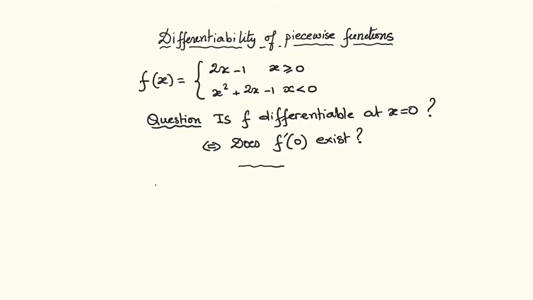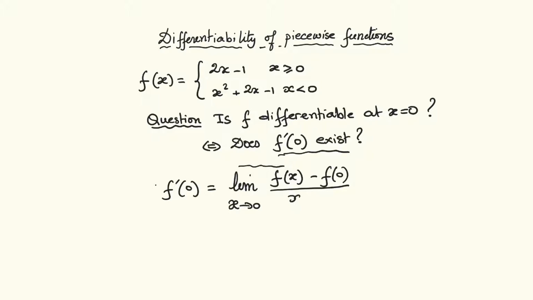Now, what we want then is to see whether this derivative exists. And of course, the derivative, by definition, is the limit as x goes to 0 of f of x minus f of 0 divided by x minus 0.